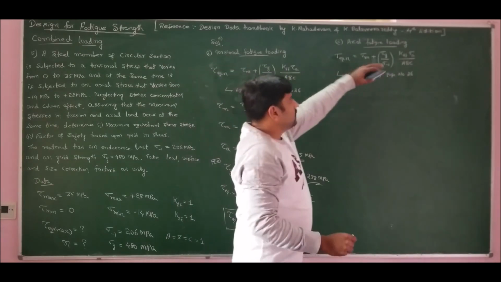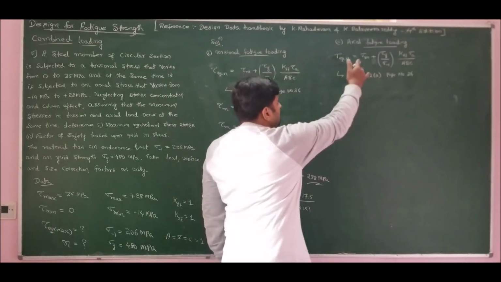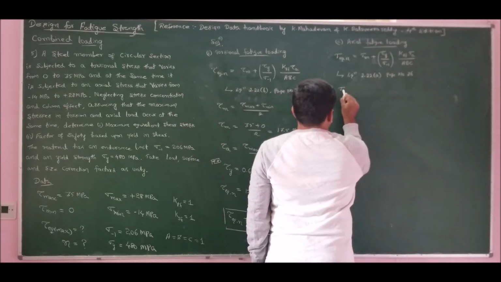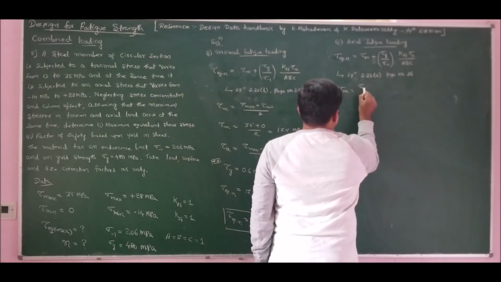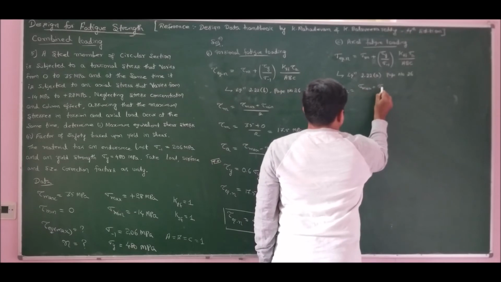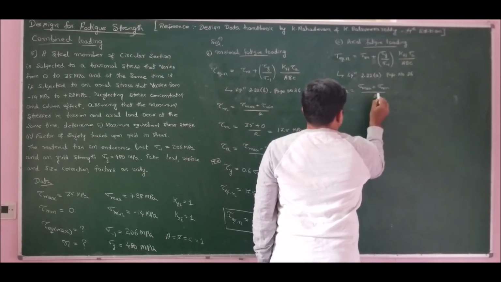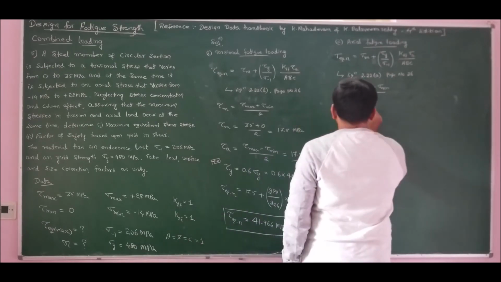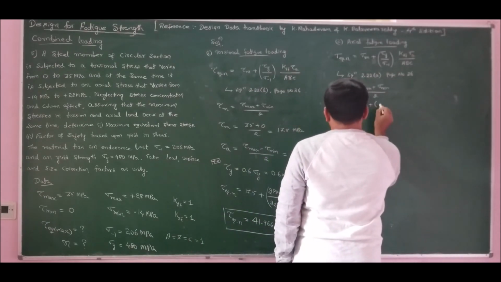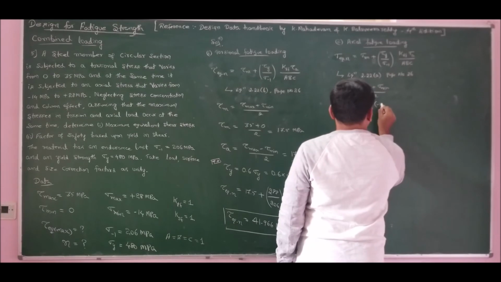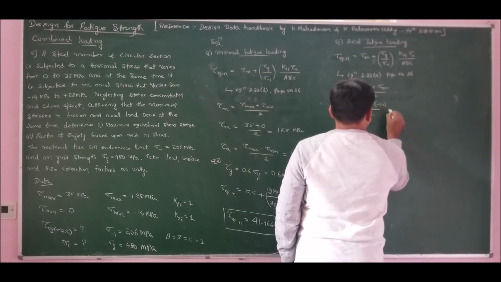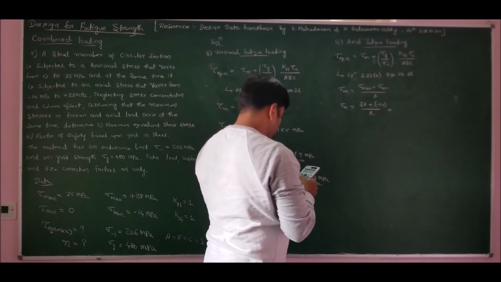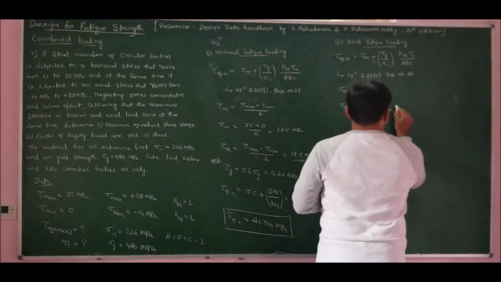Since he has given sigma max and sigma minimum, directly I can find sigma mean and sigma amplitude. Sigma mean is equal to sigma max plus sigma minimum by 2. So sigma mean will become 28 plus of minus 14 by 2, which is 28 minus 14 by 2, 7 megapascals.